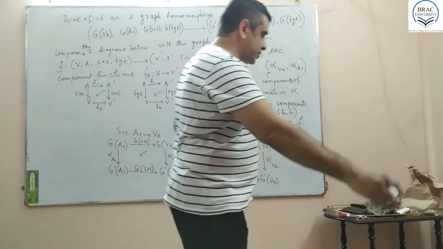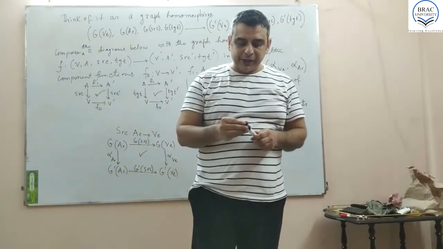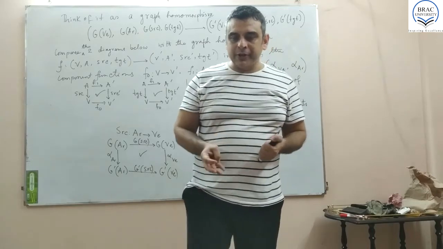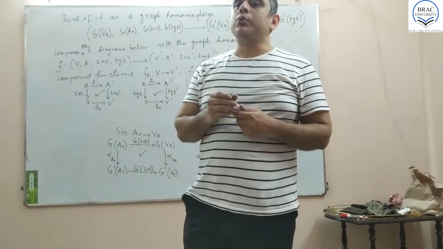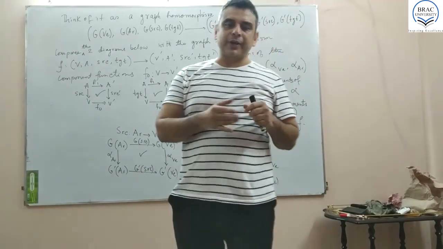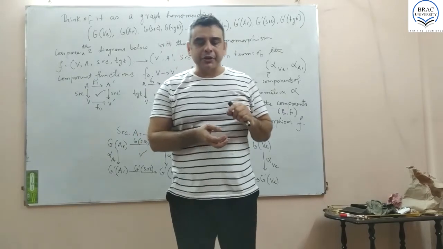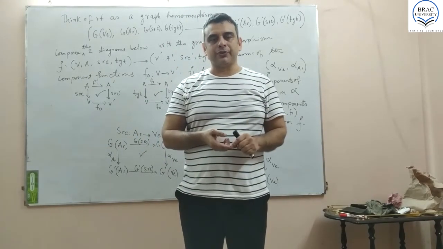So in this lecture, we gave the definition of categories, and following which we considered three very important examples of categories: the category of graphs, the category of monoids, and the category of preorders. Okay?